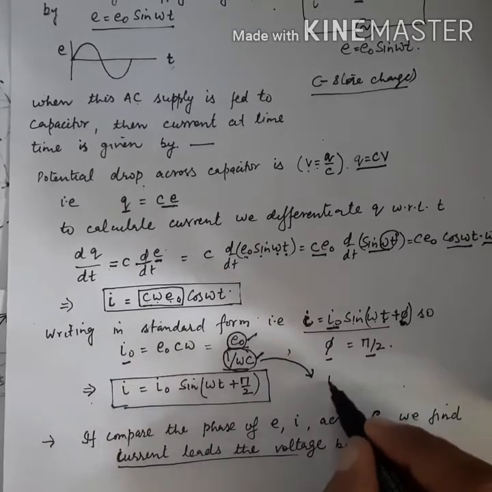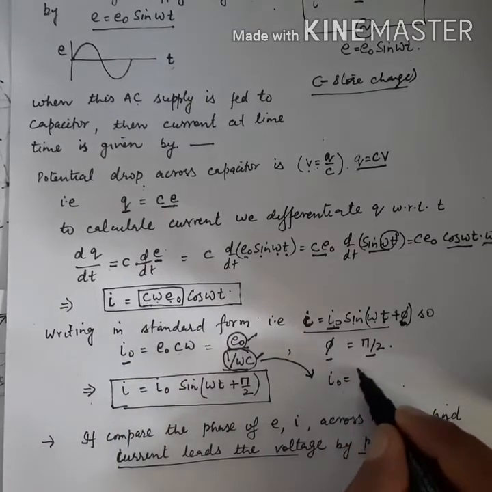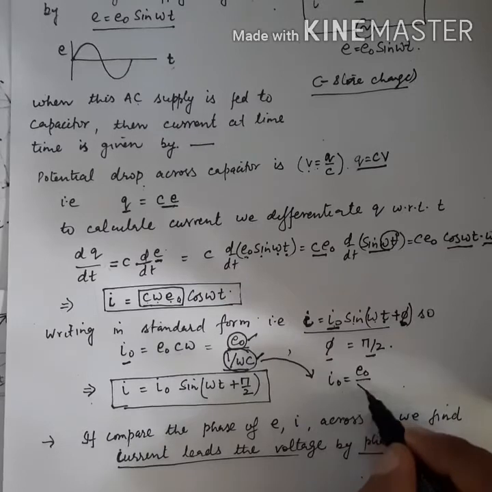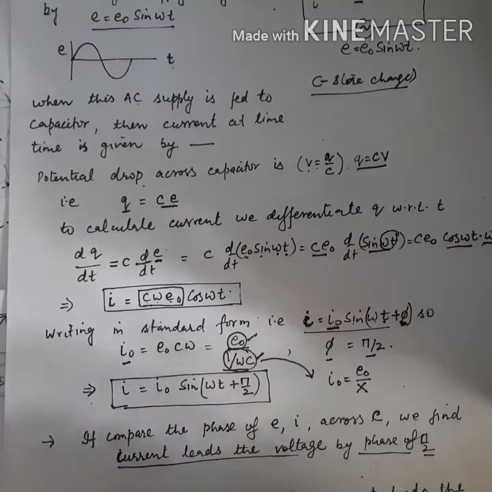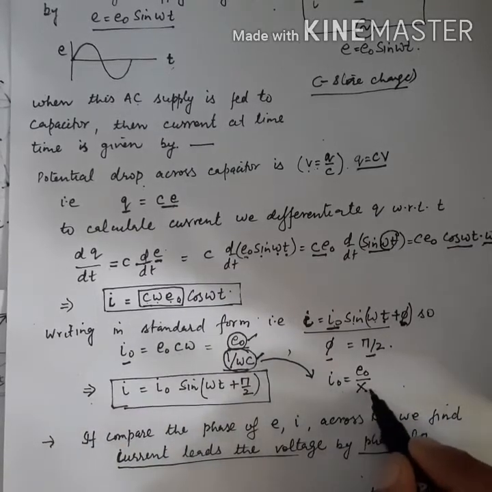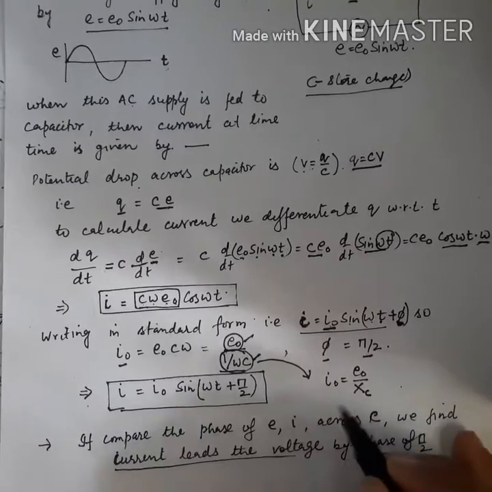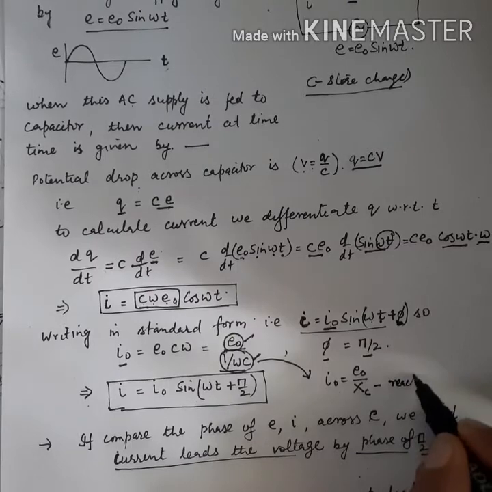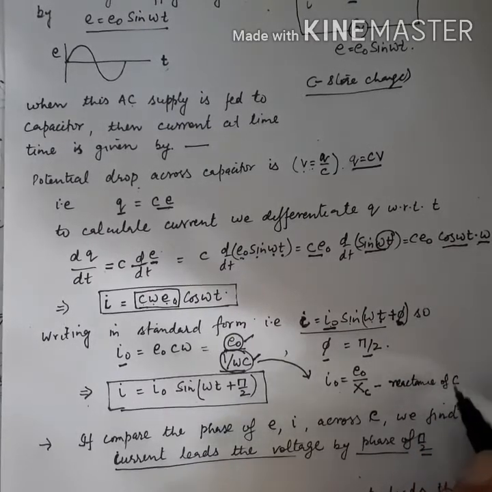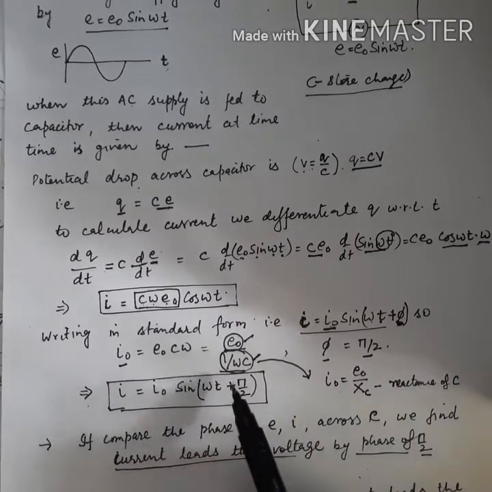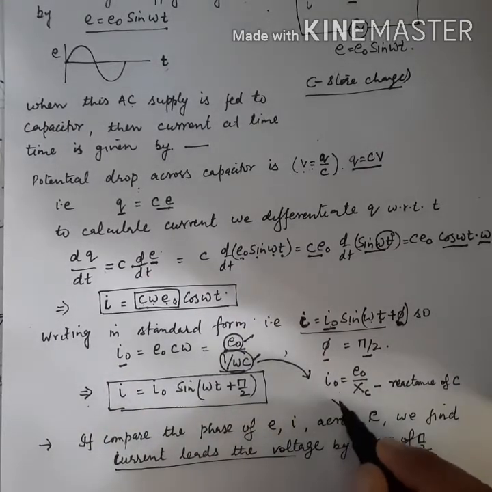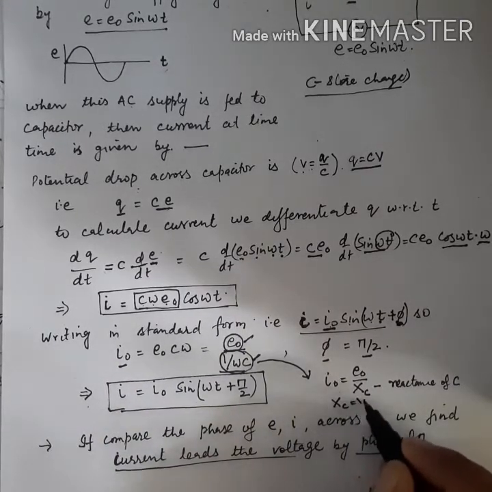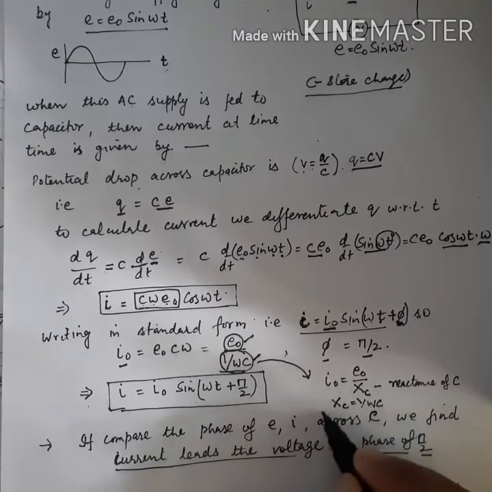So here I0 is equal to E0 divided by, I assume this term is XC, where X is known as the reactance of a capacitor. So here this XC will be equal to 1/(ωC).